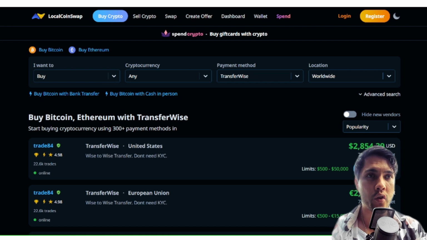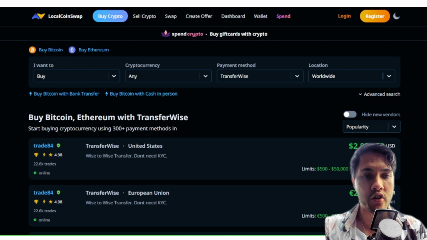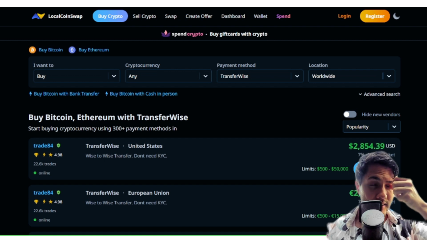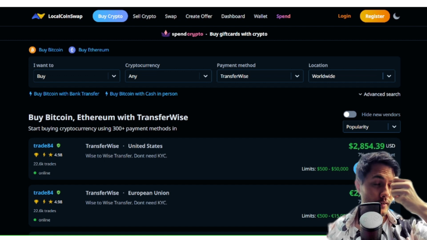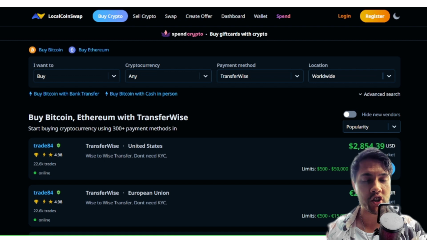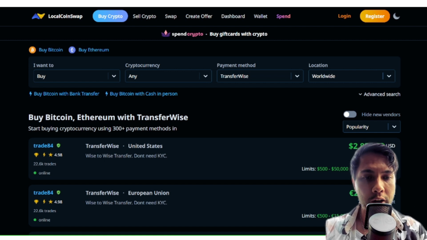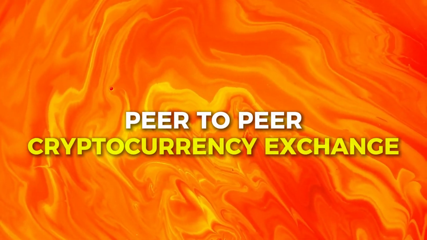And then they're also forced to provide that information to governments and different agencies if they are forced to, and you don't know who exactly has that information. If that's something you want to keep to yourself, then spot exchanges are not necessarily the way to go. So the alternative is to use something called a P2P cryptocurrency exchange.